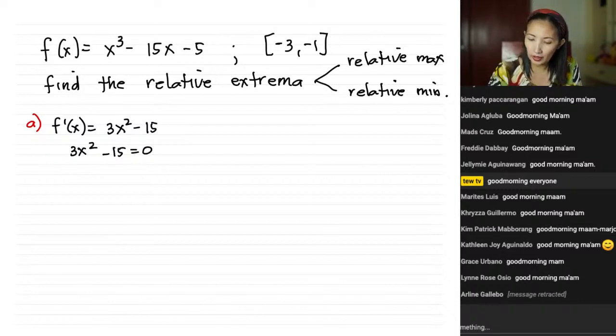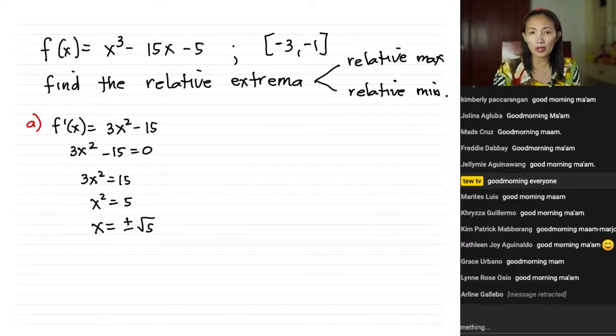Okay? 3x squared equals 15. X squared is equal to 5. So, x is positive, negative, square root of 5. Anything more? None, because this is cubic. Cubic function. So, two critical values or two critical numbers rather. Critical numbers.